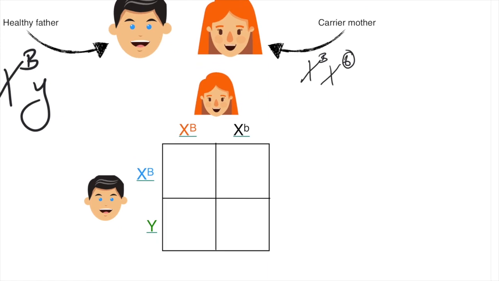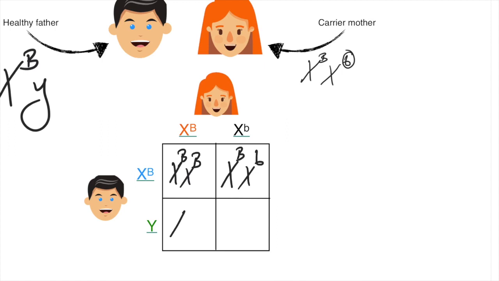When I predict the genotype of their offspring, I'll draw the Punnett square, and you could see that the first possibility here is that the little daughter here will be healthy. You could have another daughter that is a carrier like her mom.